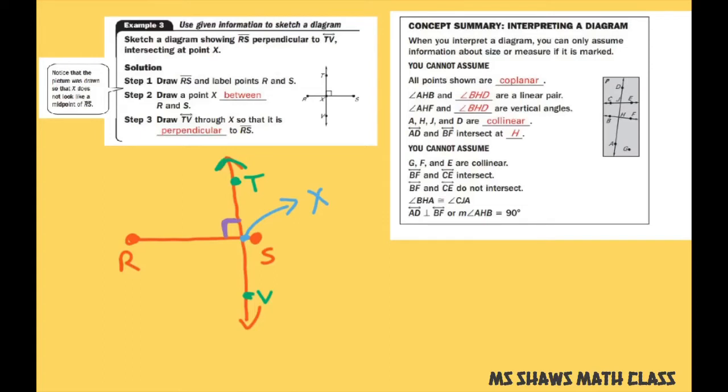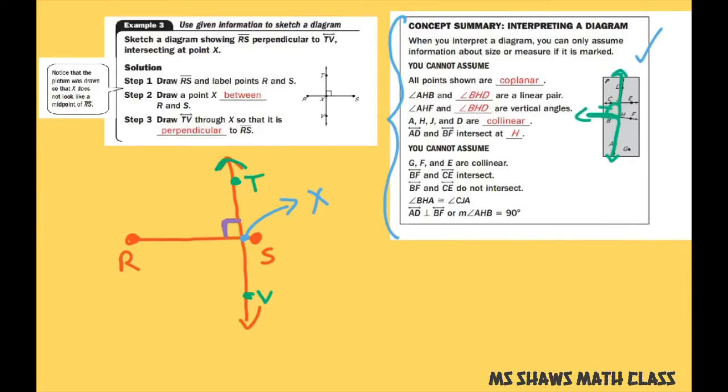Interpreting a diagram. This little thing here means things you cannot assume about this diagram. You cannot assume that all points are coplanar. For example, this angle here has a linear pair.